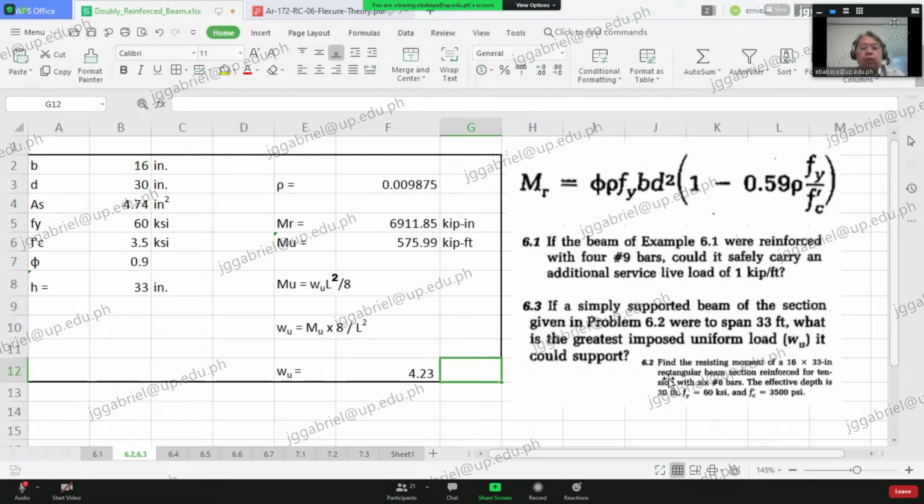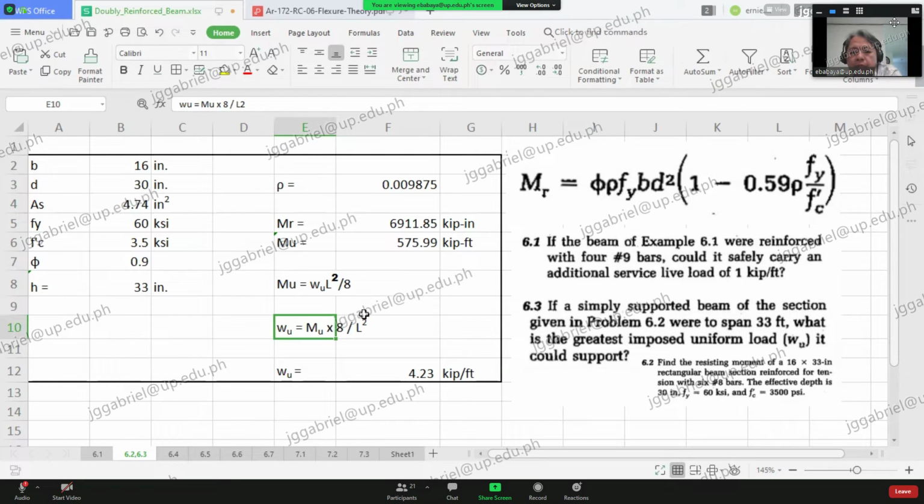What will be the unit of this one? Anyone? What is the unit? It would be kip per foot. Because your M is kip foot divided by feet squared.